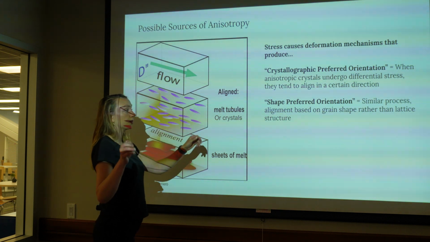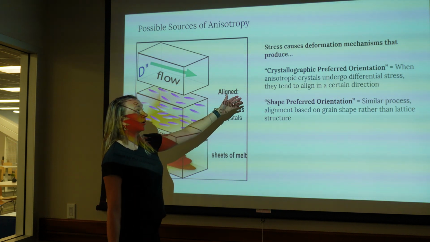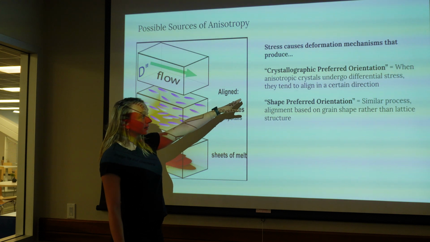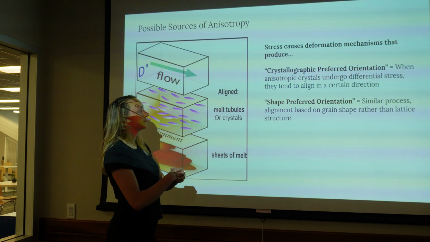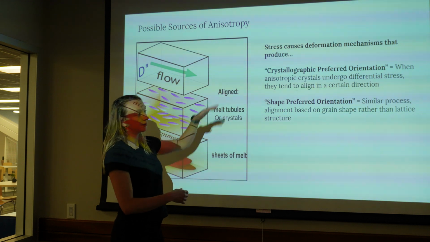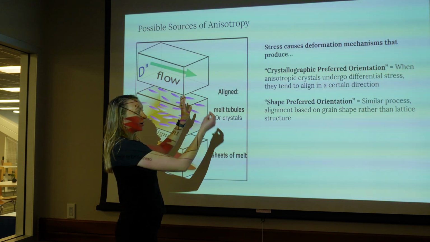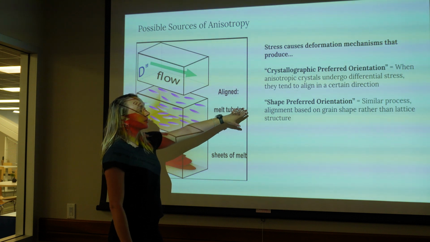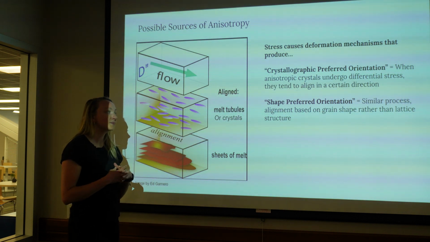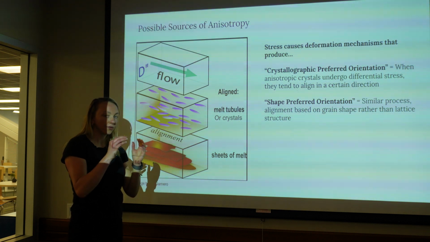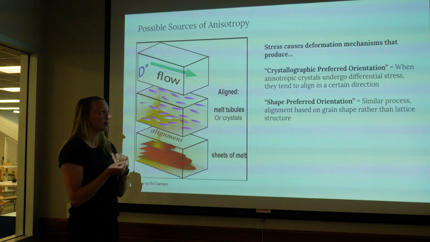And this preferred orientation can either be due to something called the crystallographic direction, which is based on that crystal lattice, which I showed you an image of in the first slide, the periodic array of atoms, or it's something called shape preferred orientation, which is a similar process, but is based on the grain's shape rather than the crystal lattice.